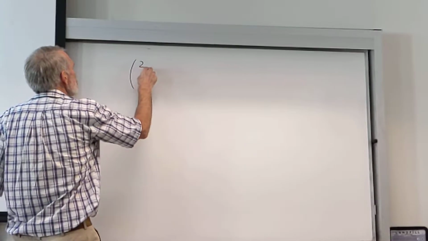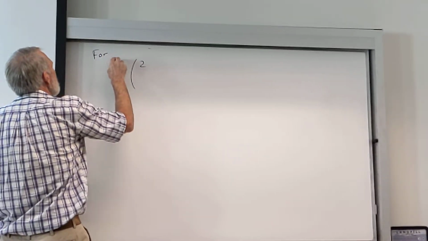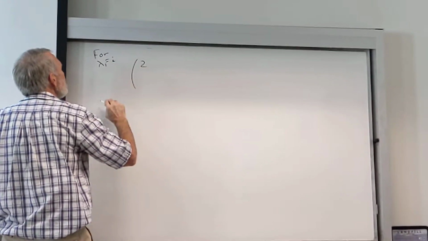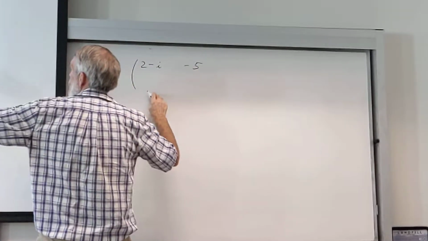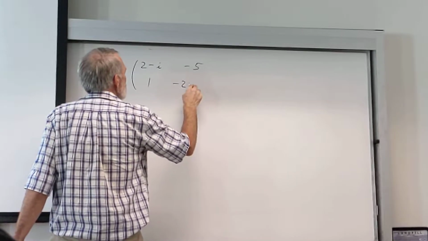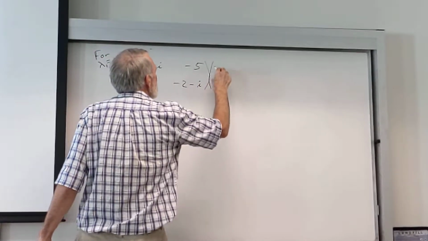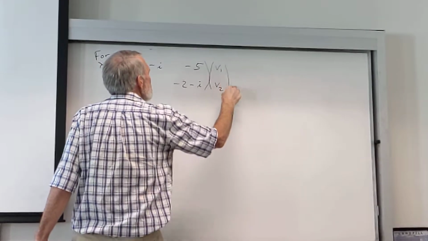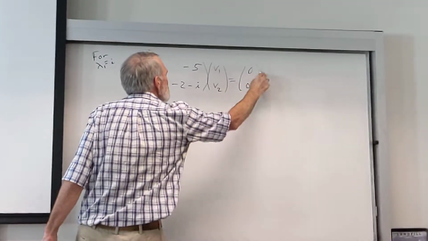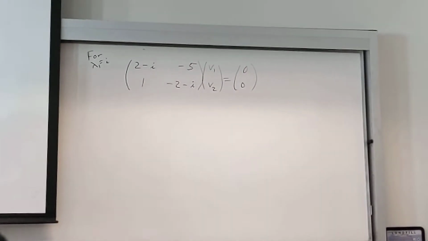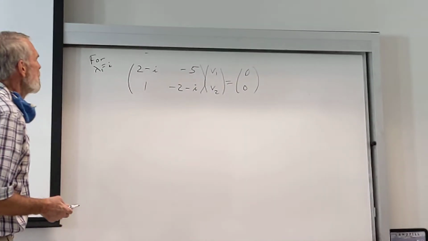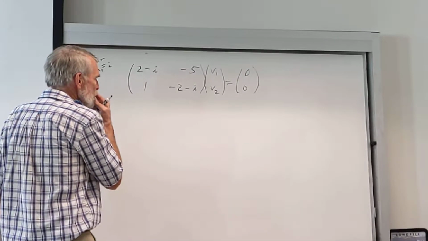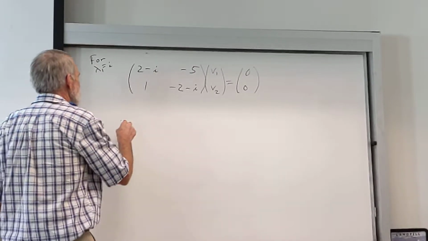So we're now looking at lambda equaling i. We're going to get 2 minus i, minus 5, 1, minus 2 minus i. Call that V1 and V2 equaling 0. All right, so let's see, what could we choose here?